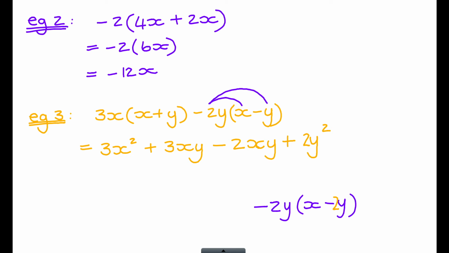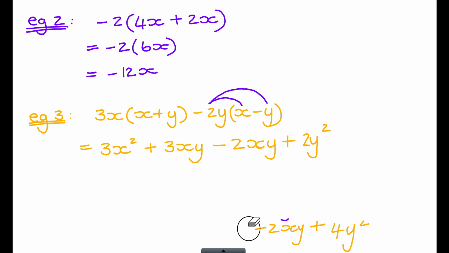Then it would have been minus 2y times x gives me minus 2xy. Now, then minus 2y times minus 2y, the minus times the minus, a positive. 2 times the 2, 4. Y times the y to the power of 2. Okay, you guys fine? Okay, right. So is everyone fine up until there?